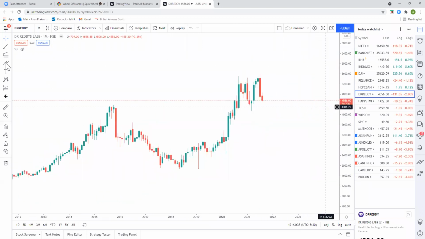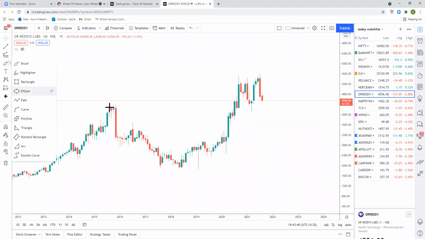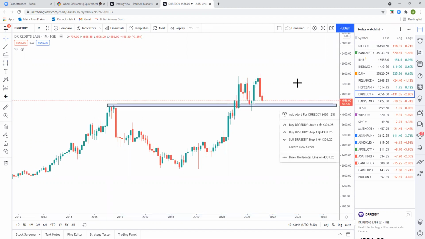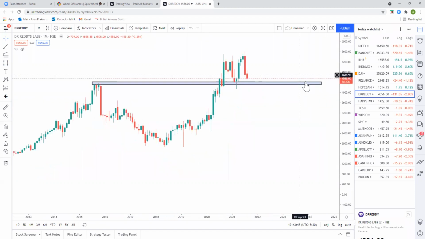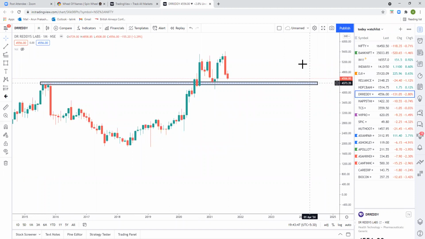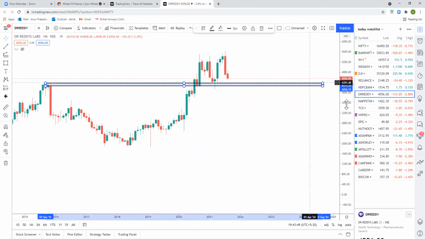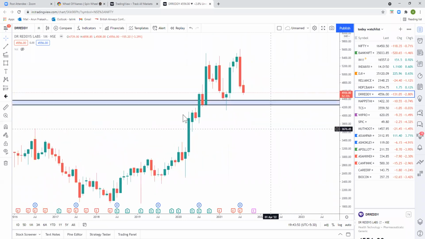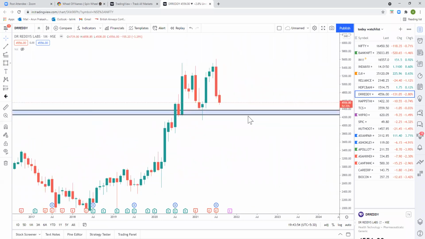So see, according to me, if you ask about Dr. Reddy, as long as it is holding on to the 4,300 level, it can bounce back. It won't break this low, 4,260, very easily.